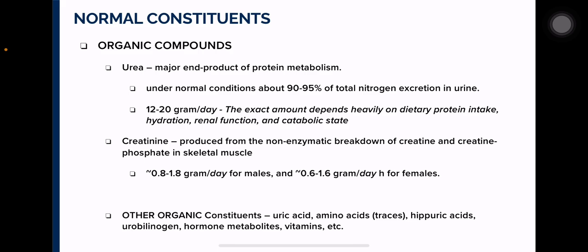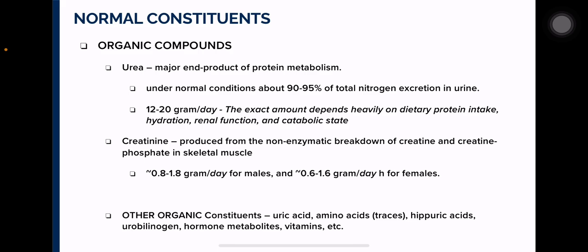So organic components include urea and creatinine. For urea, 12 to 20 grams per day. This is a major nitrogen waste, affected by diet as well as the hydration status of the patient. For creatinine, it varies by muscle mass.